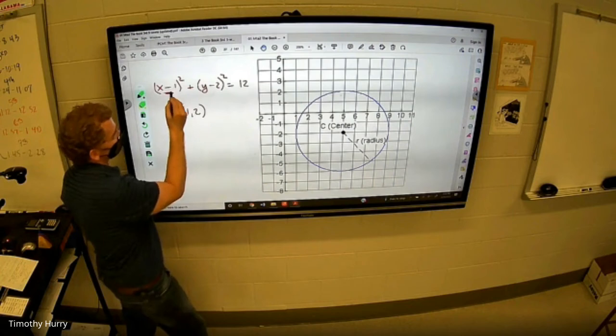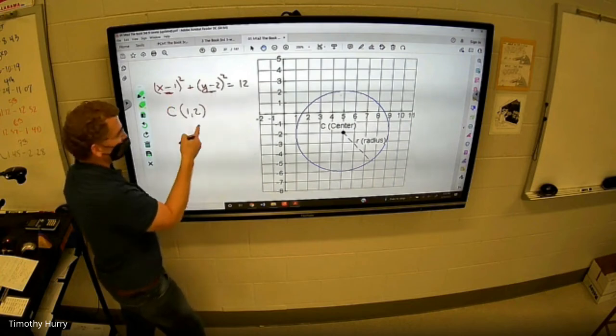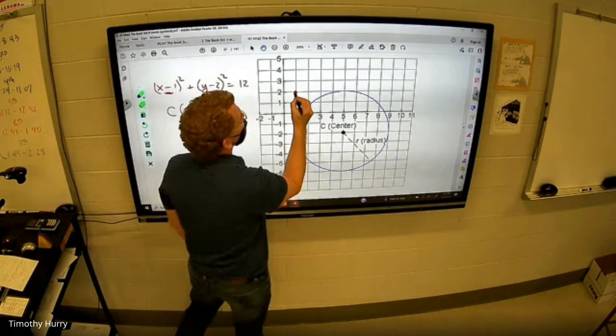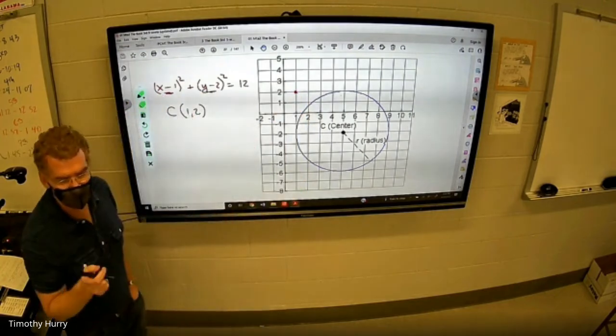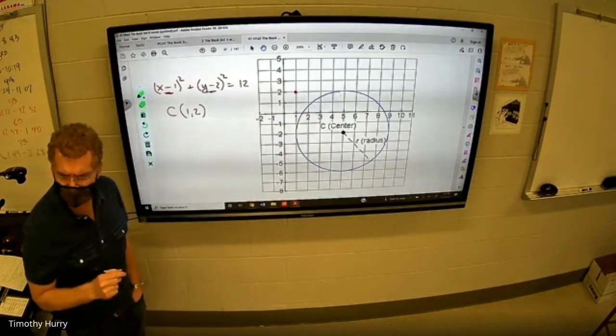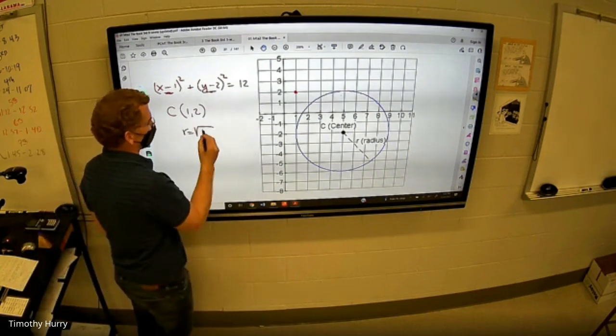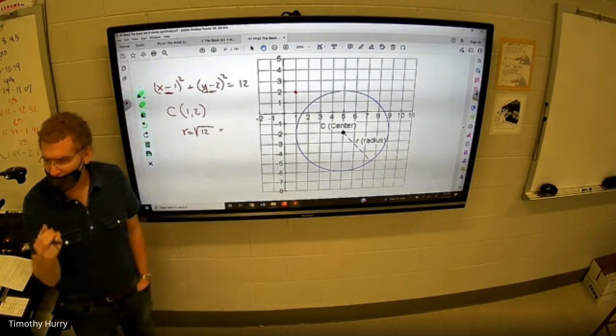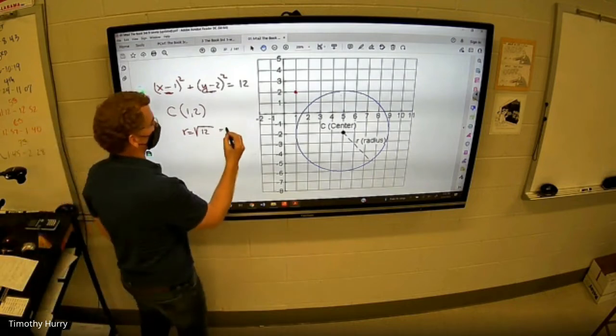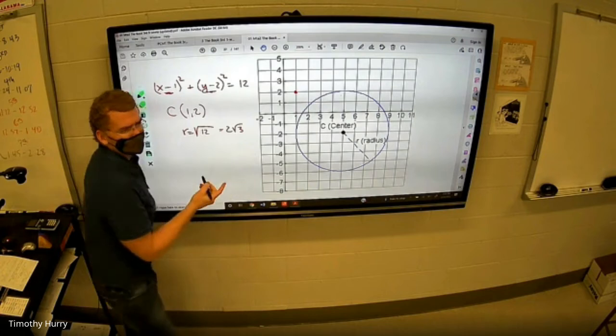This gives me the x, that gives me the y, because x and y. 1, 2. So I would go right here, right? Now, what's my radius? The square root of that, right? So if I was writing it out, I would write 2 root 3 like I heard from the back, right? 2 root 3. But what if I'm graphing it?